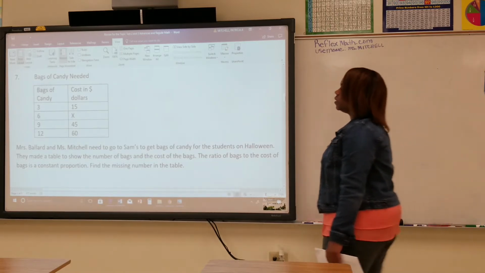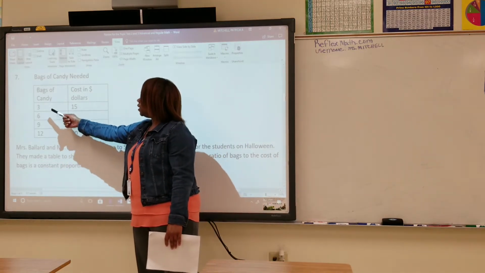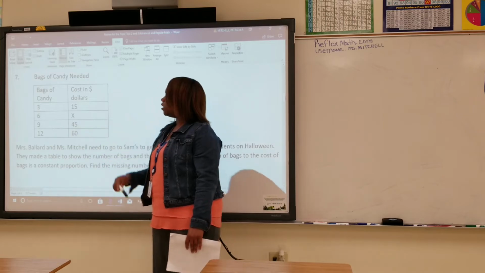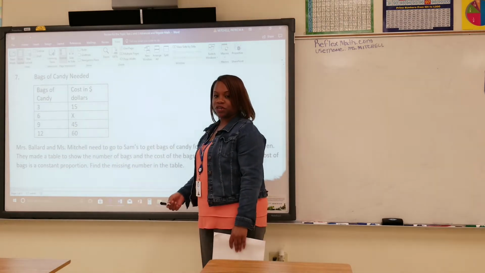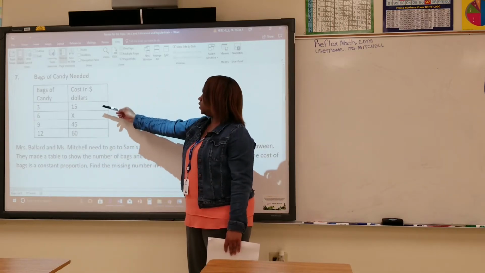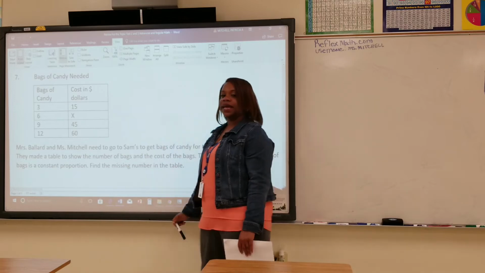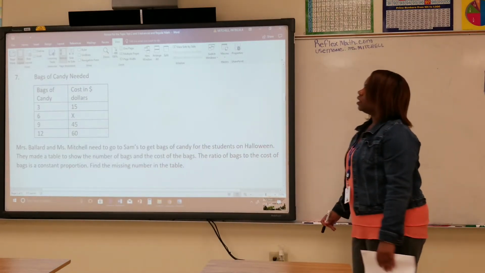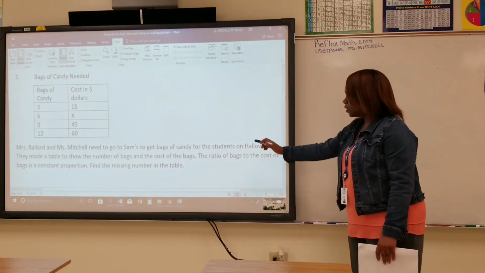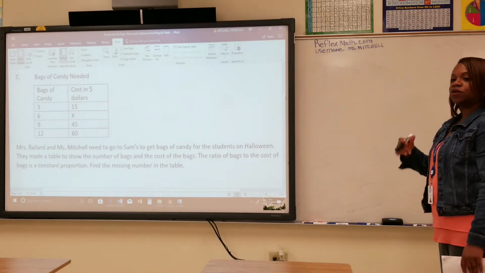All right, so they said it's a constant proportion. So 3, 6, 9, and 12. As you can see, it is increasing by 3 all throughout. Here, 15, X, 45, 60. But we have to find X. So they said that it is a constant proportion. That means that it is going to increase.